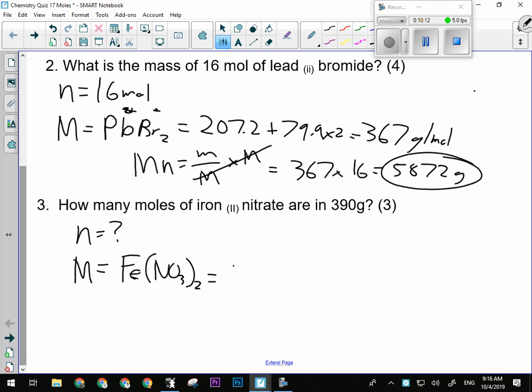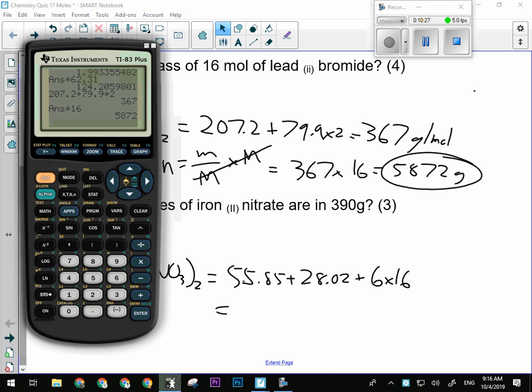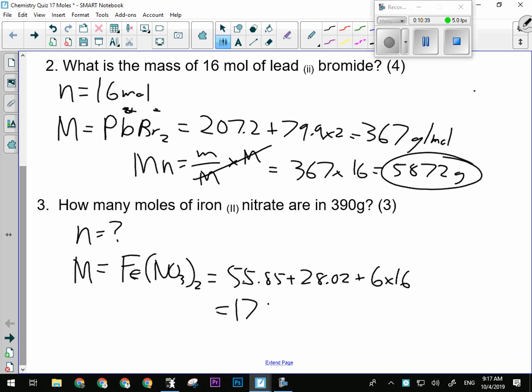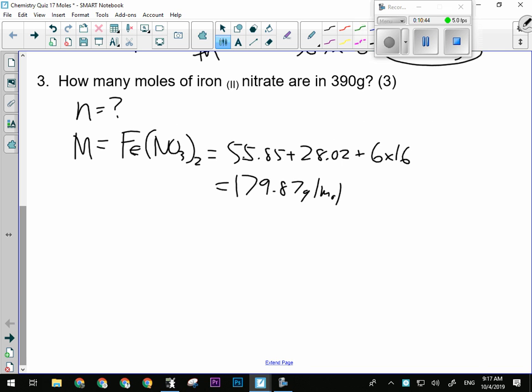Sorry about that. 55.85 plus 2 nitrogens, that's 28.02, and we're looking at 6 oxygens. So 179.87 grams per mole. We're just looking to calculate n, so we don't even have to manipulate the equation.